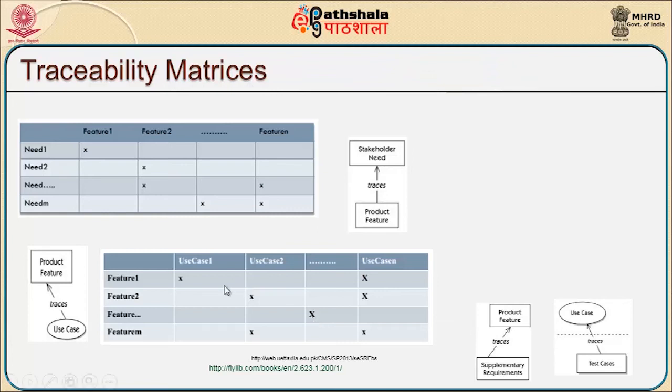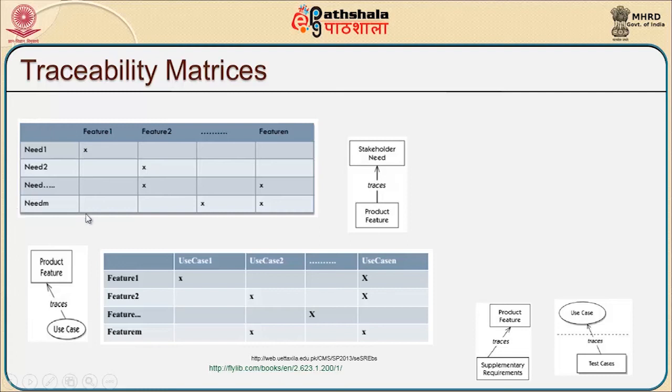The need, which is supposed to be the output of that particular component, has been given. It is compared with the features provided in the initial cases. If that has been met, it is marked. Need 2 for feature 2 has been met, so that has been marked.